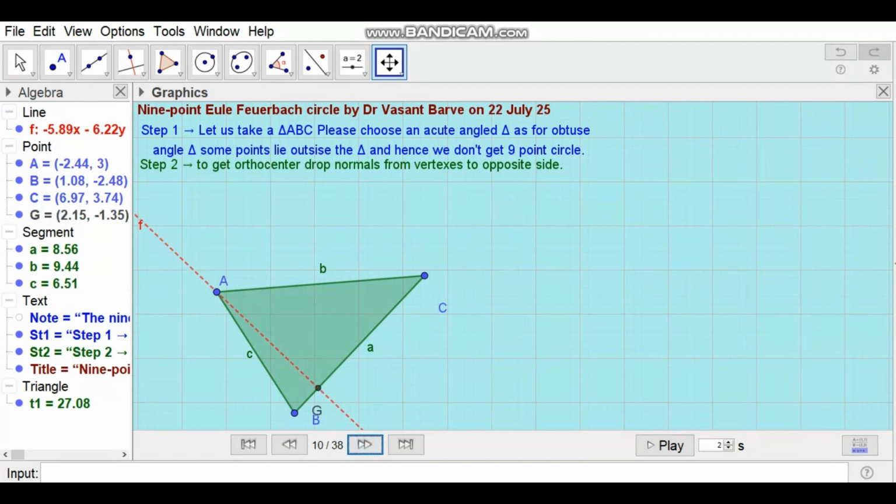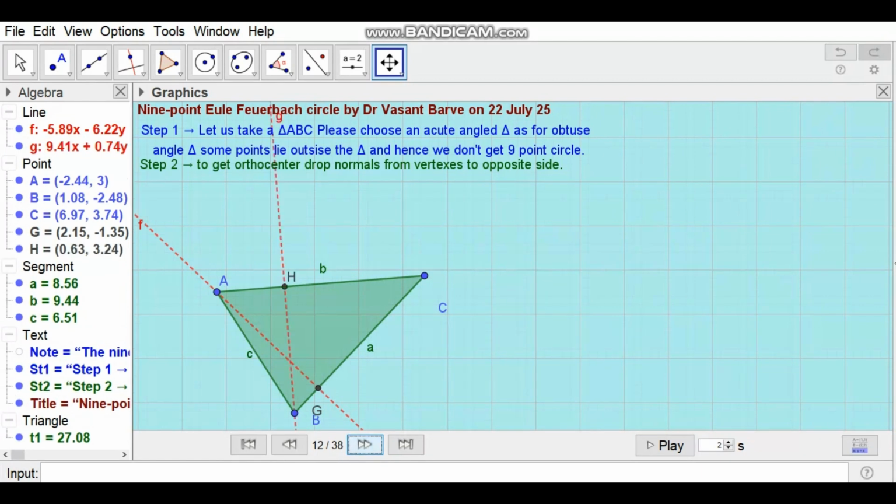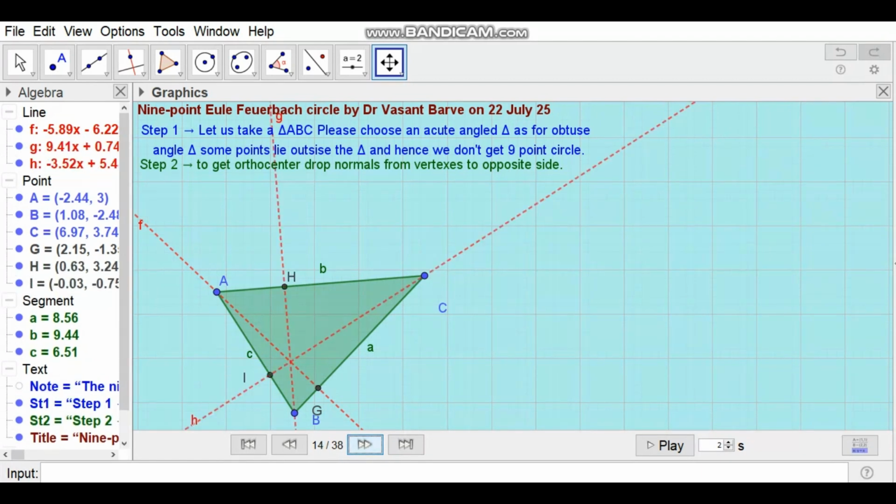Now the cutting points also I am marking here, G, next is H, and third one is I. So now I have got the orthogonals and their cutting points to the side, and the cutting point of all these 3 lines, that is orthogonal lines, is the orthocenter. We have to check that orthocenter is inside, and that is why we have taken the acute angle triangle.